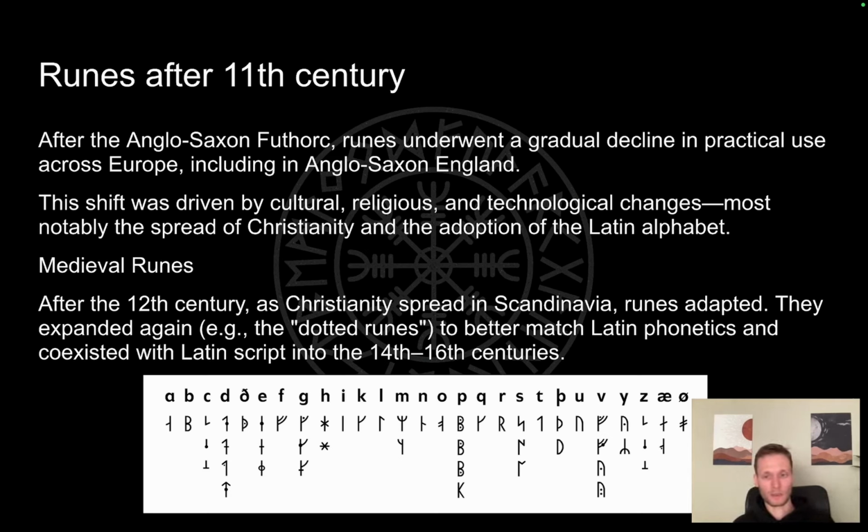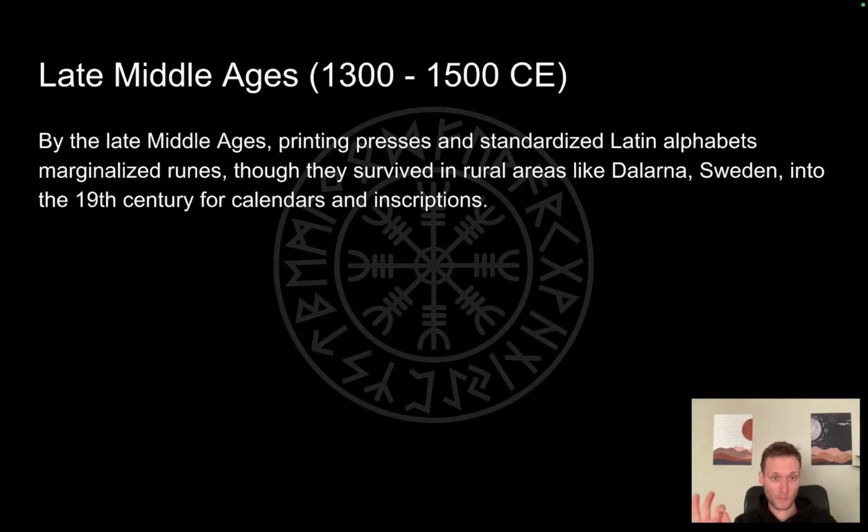Next we can say that the next generation of runes were the so-called medieval runes. After the 12th century, as Christianity spread in Scandinavia, runes were adapted and expanded, adding some more dots and lines to better match Latin phonetics, and coexisted with the Latin script into the 14th and 16th centuries.